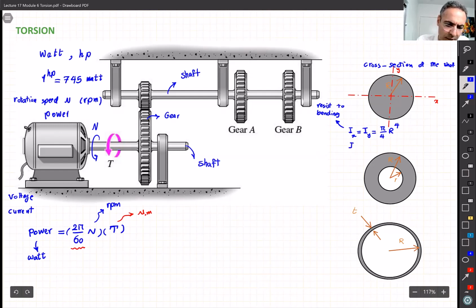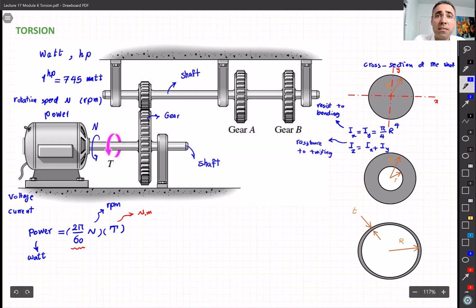So I_Z, and mathematically we can prove that I_Z is equal to I_X plus I_Y, which I briefly explained in module 4. This I_Z is the resistance to twisting.